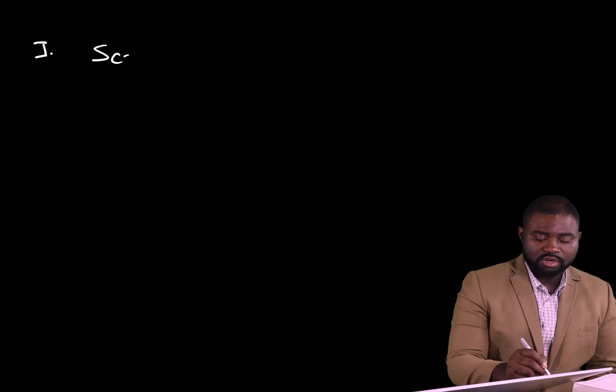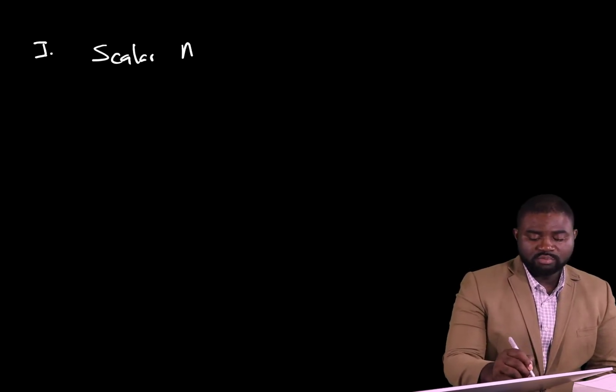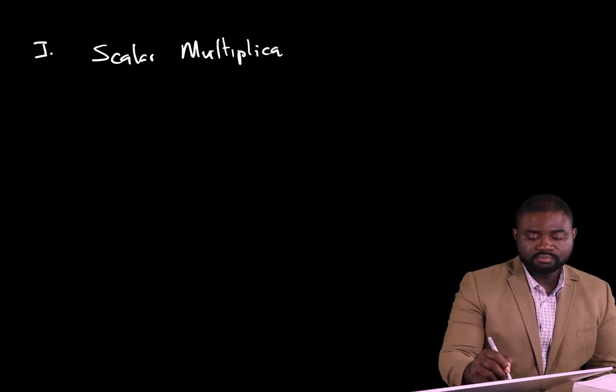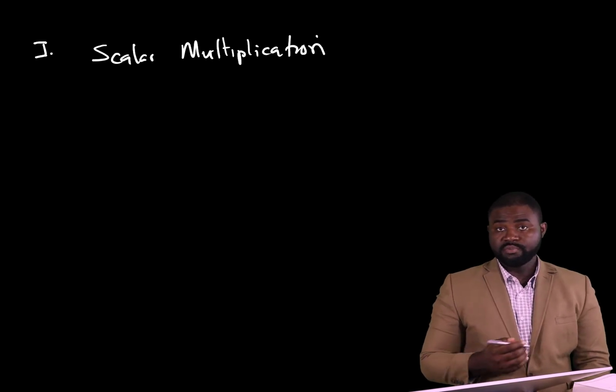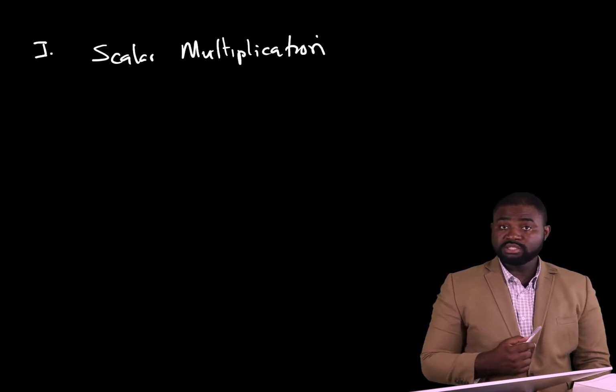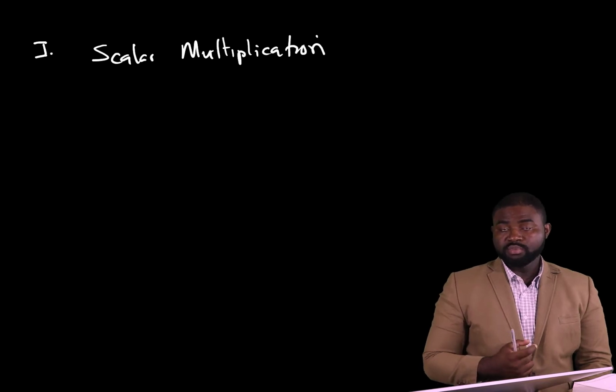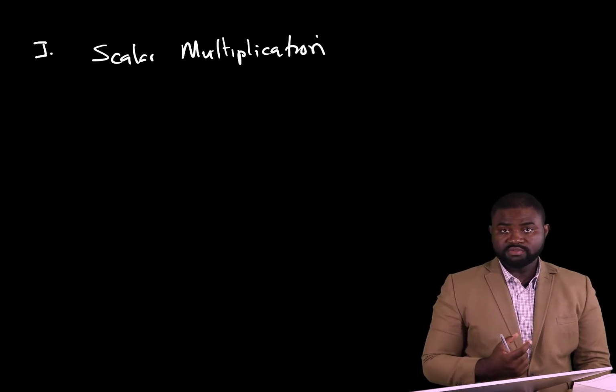Now, the next thing I would like for us to do is to look at some important properties of vectors. The very first that we will consider is scalar multiplication of vectors. A scalar is a number. That number can either be positive or negative.